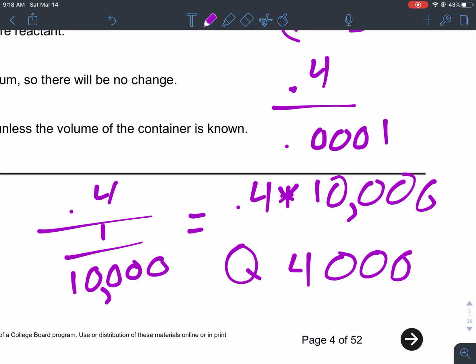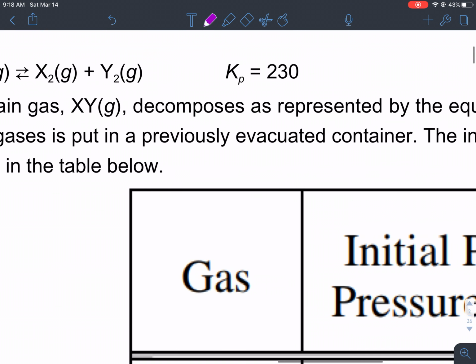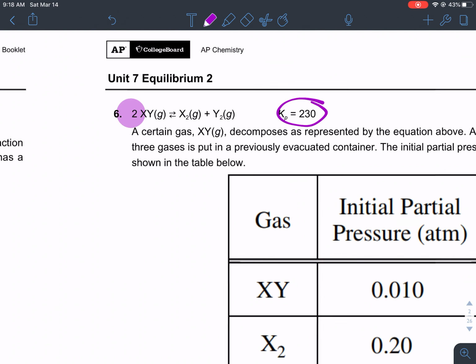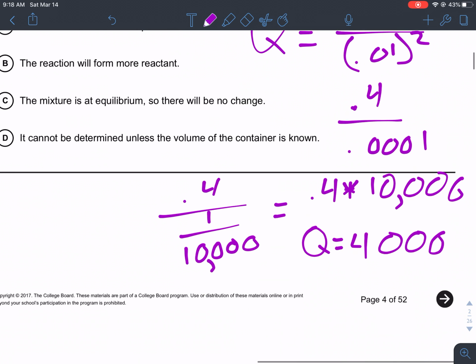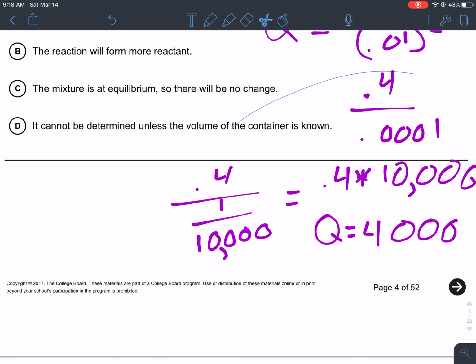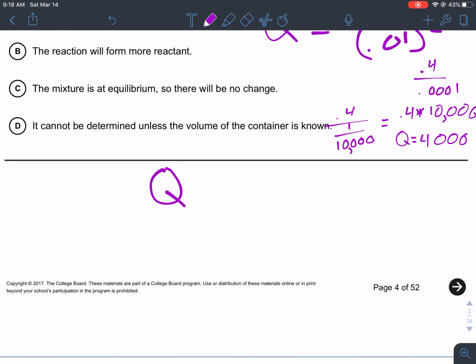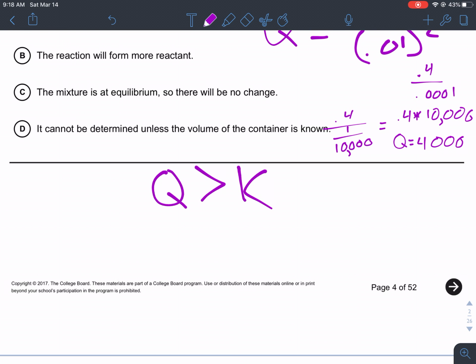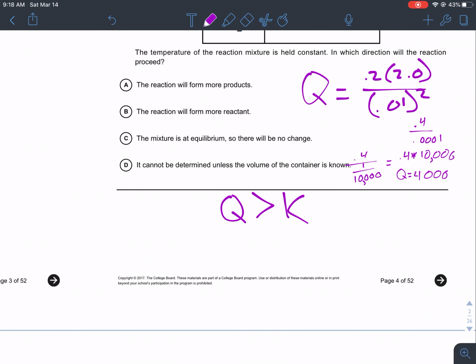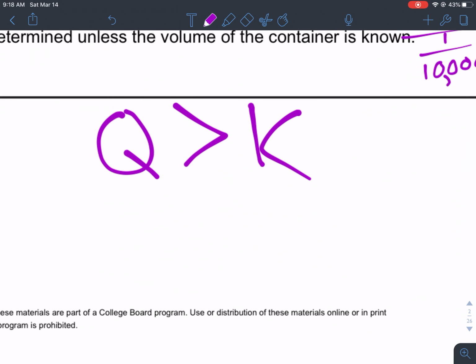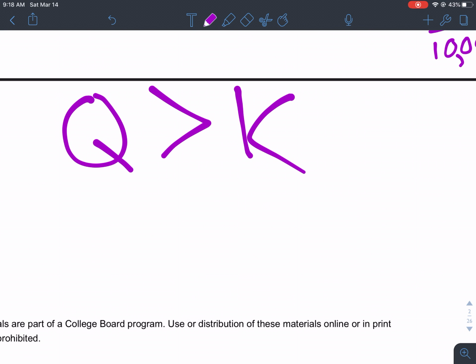Now, my Q is equal to 4,000. My K is equal to 230. In other words, my Q is a whole lot greater than my K. If my Q is a lot greater than my K, remember, this is products over reactants. How do I get my Q to lower?